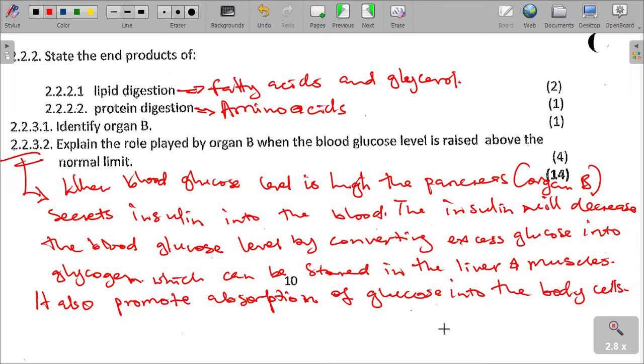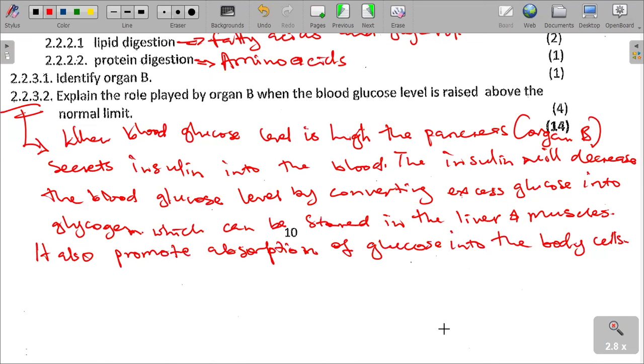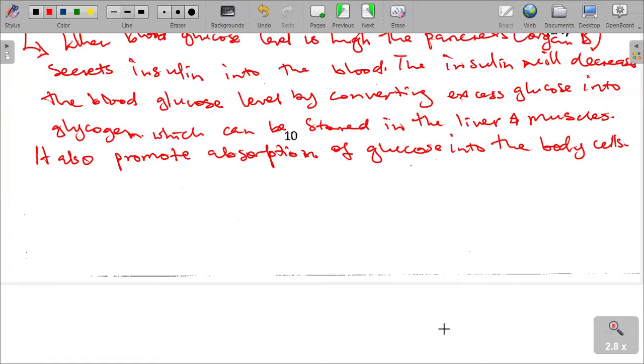The insulin would also promote the absorption of glucose into the body cells, therefore reducing that high glucose level. I'm sure we have seen in some books a summation of this process.